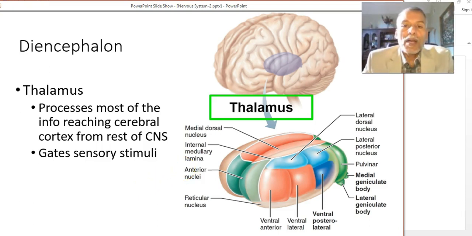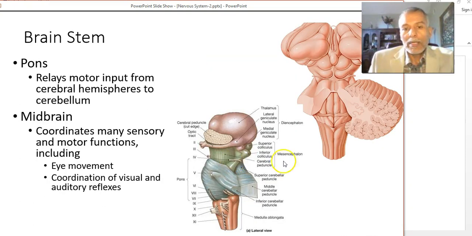The diencephalon sits on top of the brainstem. So again, here is the brainstem and the midbrain, and that structure here that sits on top of the midbrain, that is called the diencephalon. And again, here's one, and there's another part beneath it. It's not really showing well here.